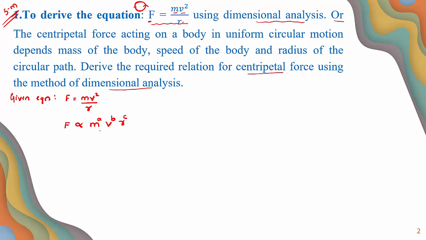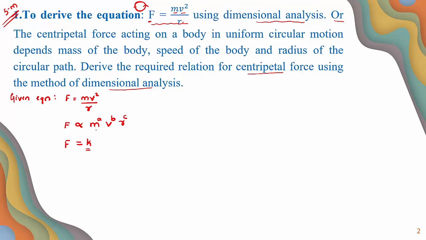This is the symbol of proportionality, directly depending on. F is directly depending on mass, velocity and radius. So instead of the proportionality sign, we can write a proportionality constant k. What is k here? Proportionality constant.